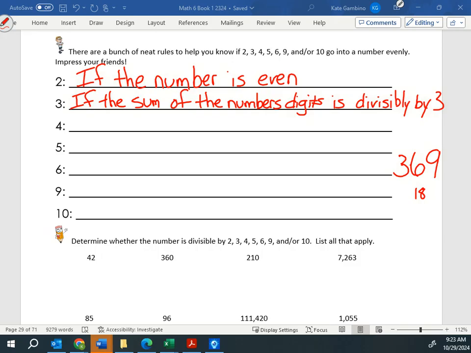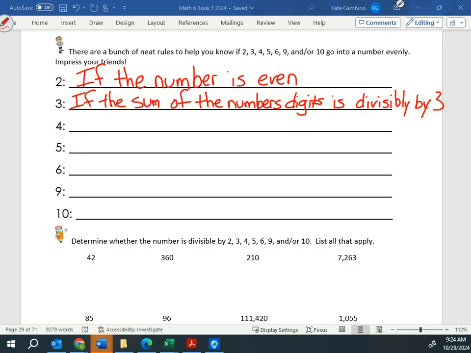That's in my multiplication table. If I know my math facts, I know 3 times 6 is 18. Okay, 369 is not going to be in your table. So you add up all of the digits to see if that's divisible by 3.